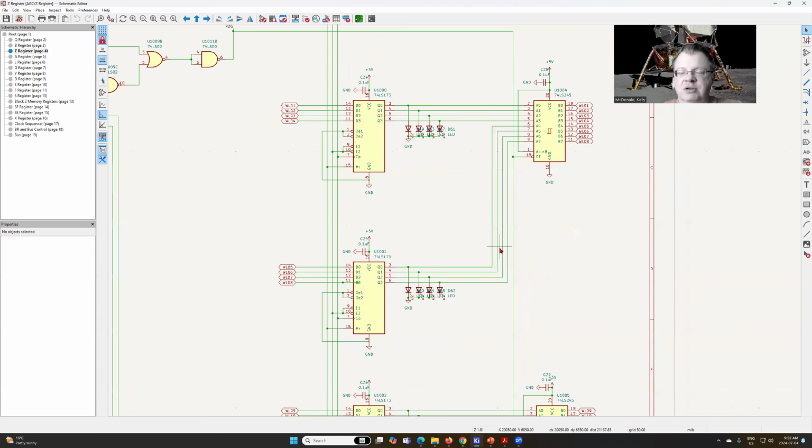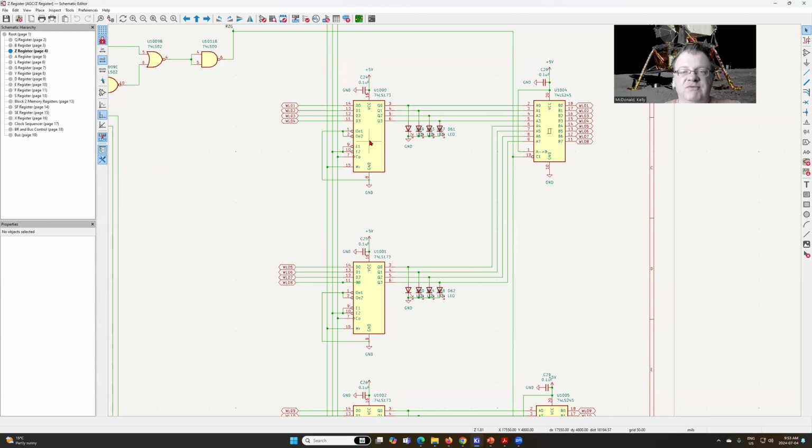Now I'm going to start with the standard structure of most of the registers that we're going to be using. And if you followed along with Ben Eater's 8-bit series of videos, this is going to look very, very familiar to you. So each register is going to consist of, in this case, 4 74LS173 chips.